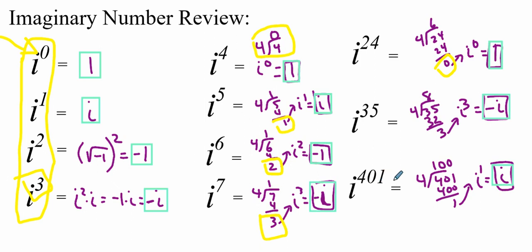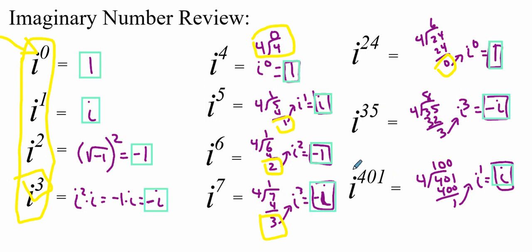What's the remainder? 1. Another way to think about it, if you don't want to do division, is just to see how far away a number is from a multiple of 4. So 24 is straight up a multiple of 4, so it's right on it, therefore it's going to equal 1. 35, let's see, what's the closest multiple of 4 that's less than 35? 32 is a multiple of 4. 35 is 3 away from it, so it's going to match up with i to the 3, which is negative i.